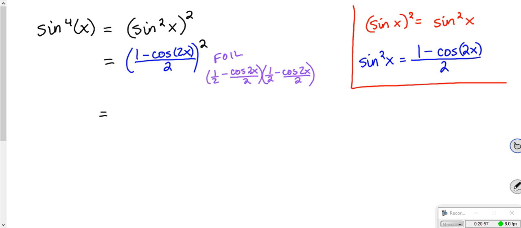After you FOIL, you have 1/4 minus 1/2 cosine 2x plus 1/4 cosine squared 2x. Maybe I ought to put my parentheses in here as well.